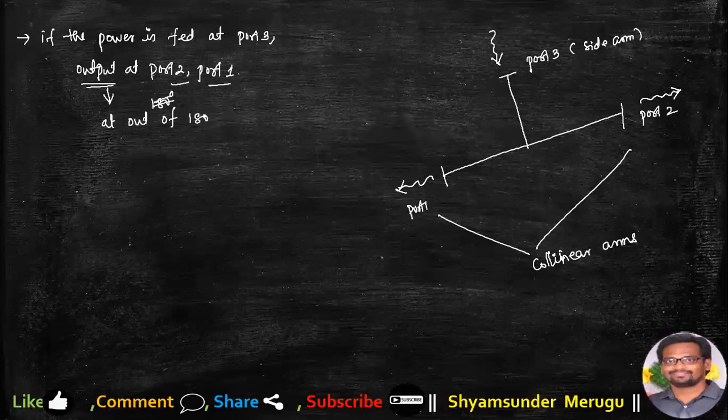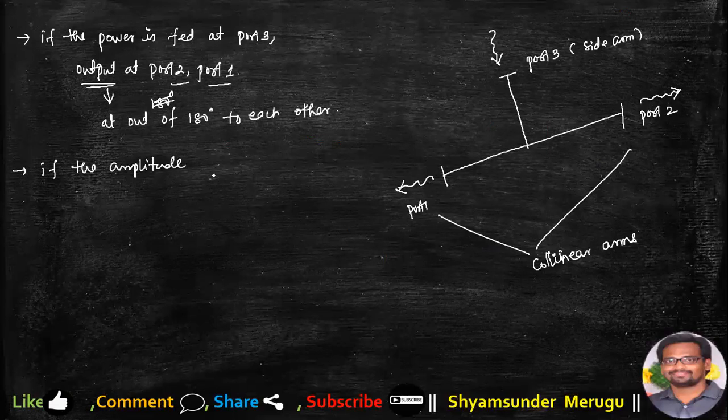That is what can happen here. We are considering that the lengths of the arms are equal, and the signals we get at port 1 and port 2 are 180 degrees out of phase to each other.